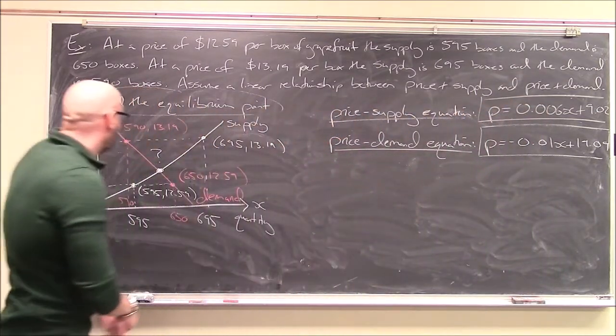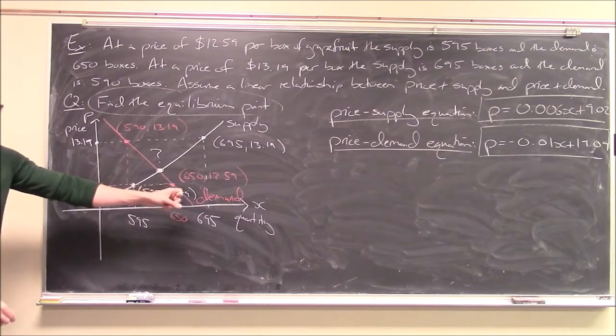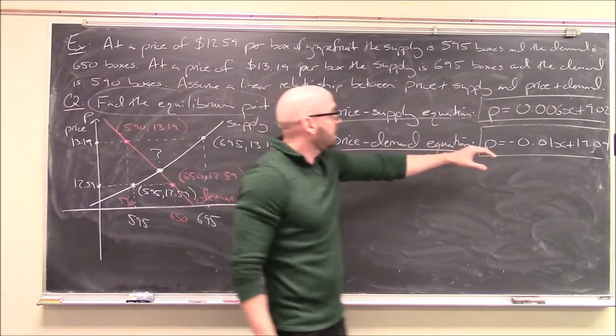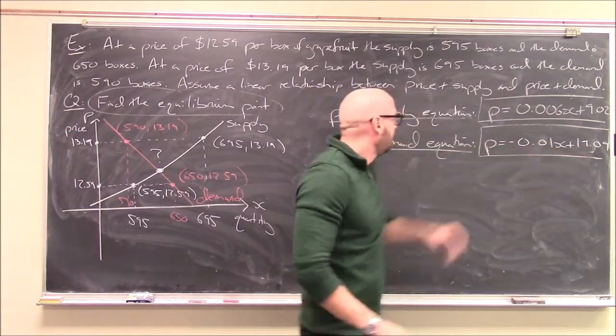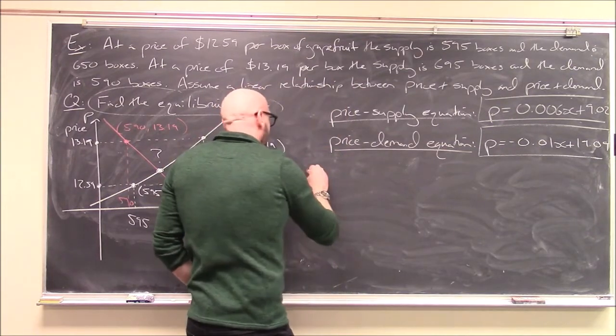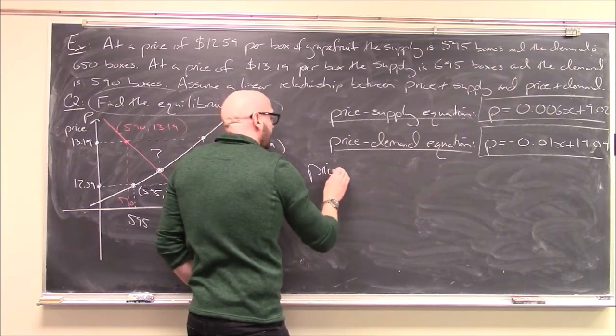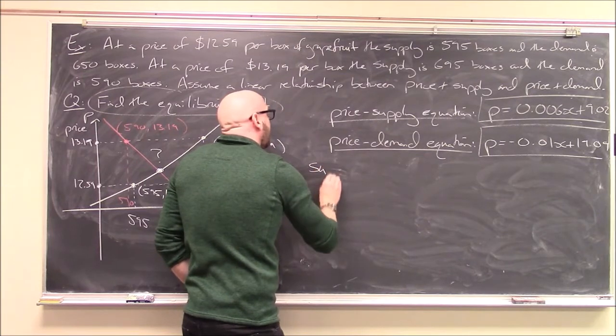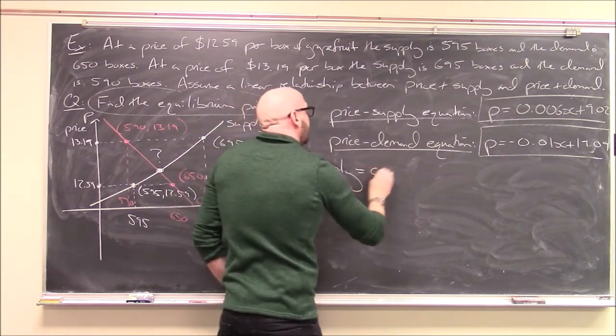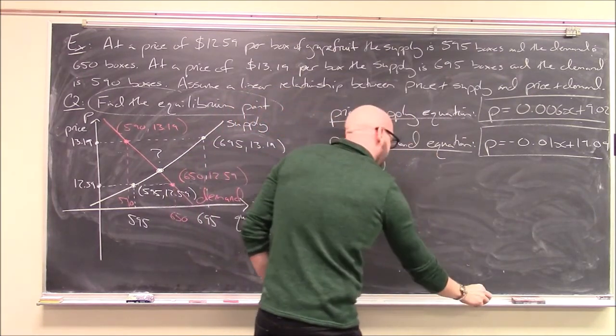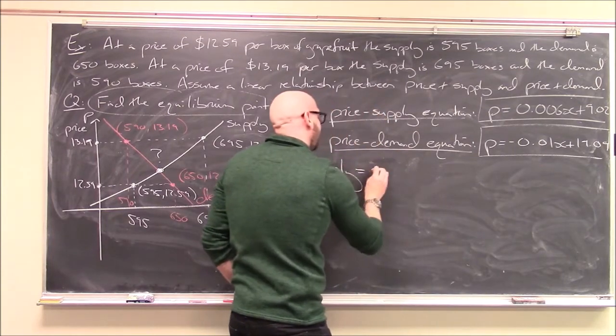So when do we have equilibrium? Well, we have equilibrium when price equals demand. So how are we going to solve for that? Well, we'll set them equal to each other. So that's all we have to do. We just want to set supply equal to demand.